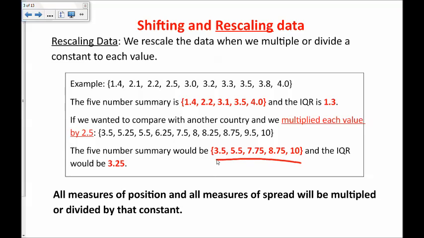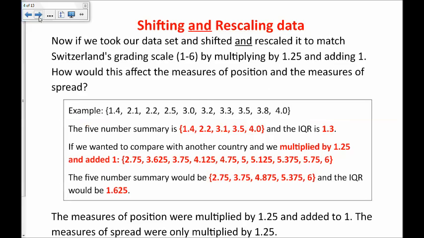Okay, and because it's being stretched, hopefully it makes sense that the spread would also shift by that same amount. Okay, so in summary, all measures of position and all measures of spread will be multiplied or divided by that constant.